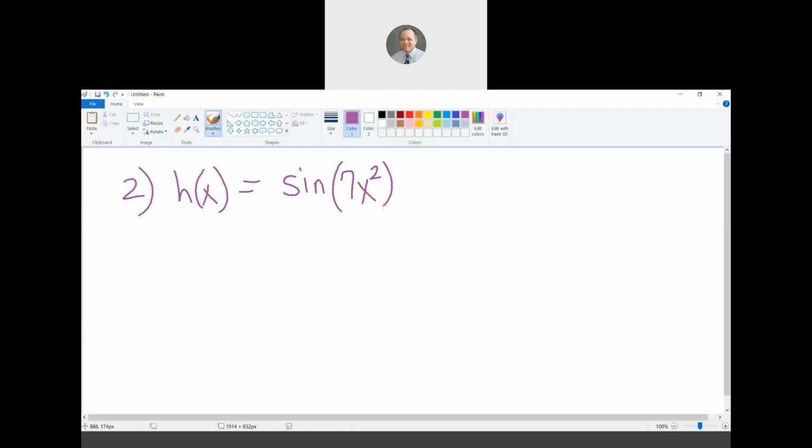To find the first derivative, we must use the chain rule.